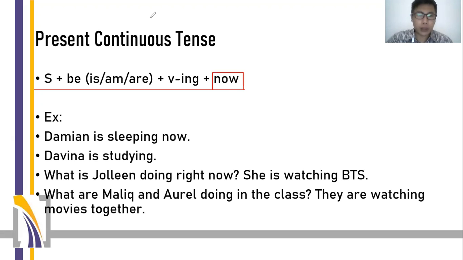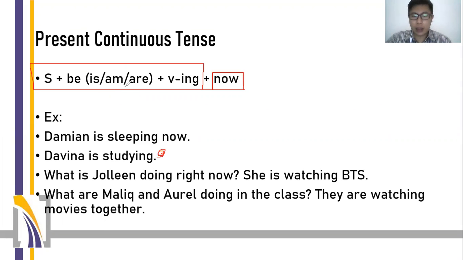For example, you could see it here. Davina is studying. So it depends on the questions and the answers. But the main thing for the present continuous tense is only until here: subject with be with verb ing.